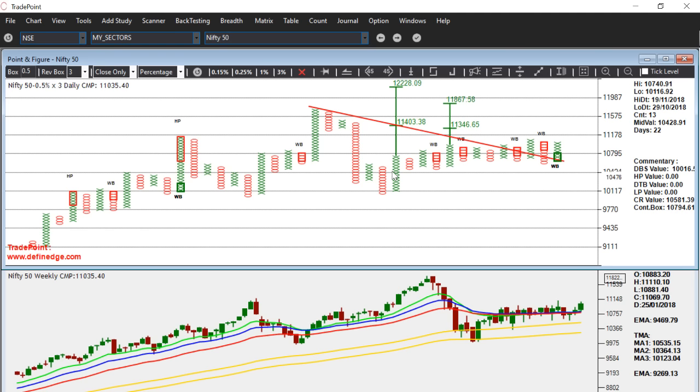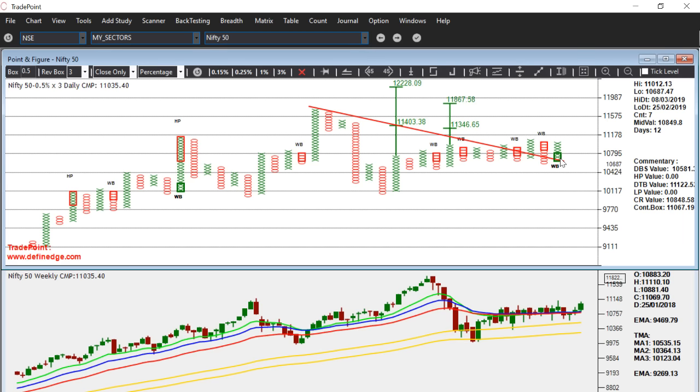Also, we see the bullish counts are open on the upside, and we have targets of 11,400 and 11,800. So these are cluster counts which are open. Unless price goes below this column of X, the upside counts are valid. And we see the last pattern is a weak breakout bullish pattern.